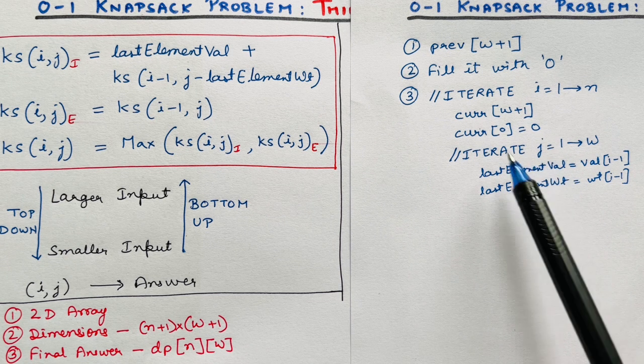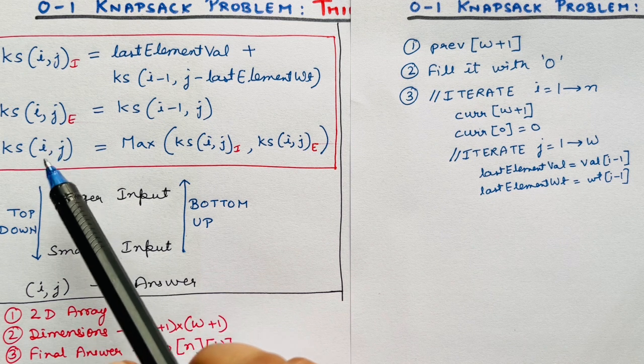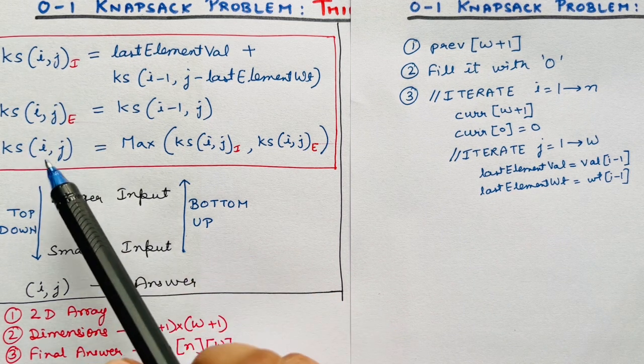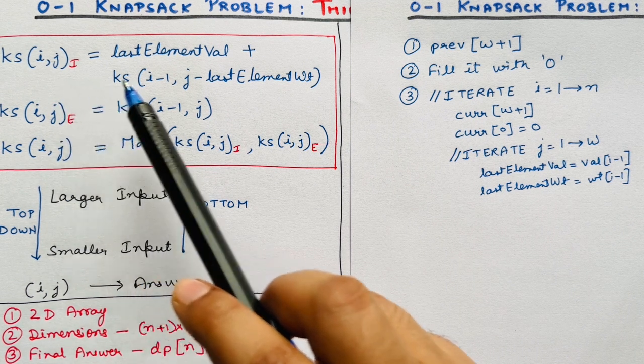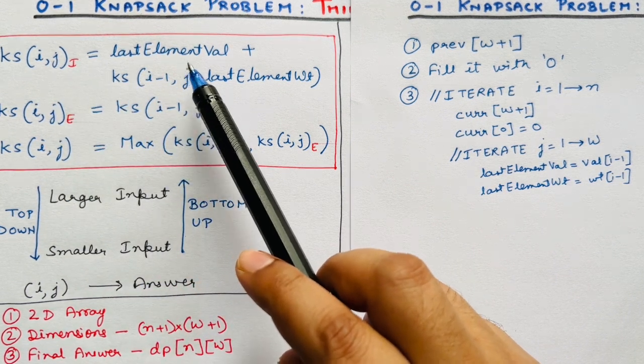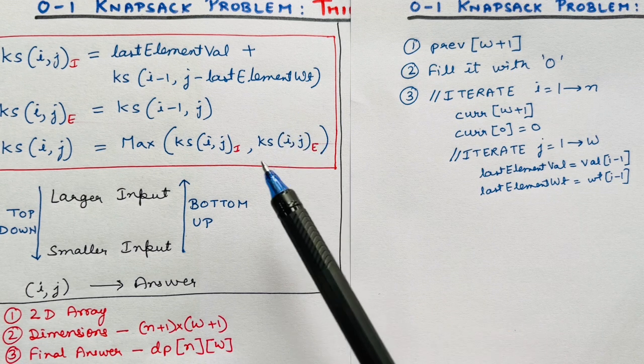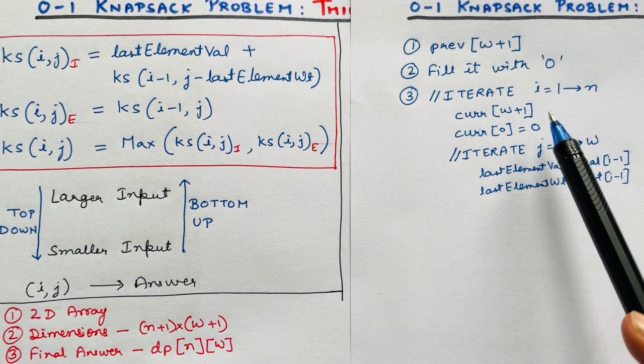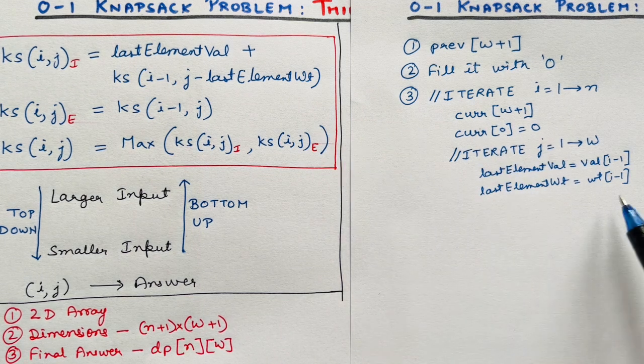To fill that, we need the include answer and the exclude answer. So first we go on to calculate the include answer. To calculate the include answer, we need these two things: the last element's value and the last element's weight. Now since we are considering the first i elements, the last element will lie at index i minus 1.